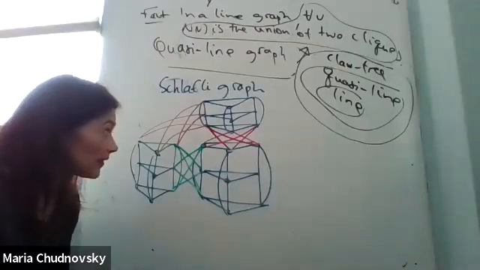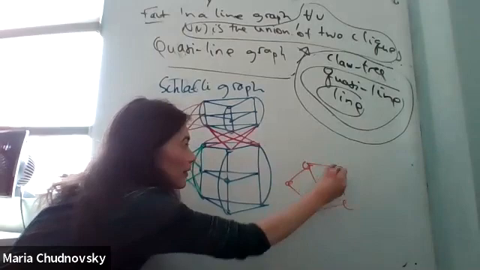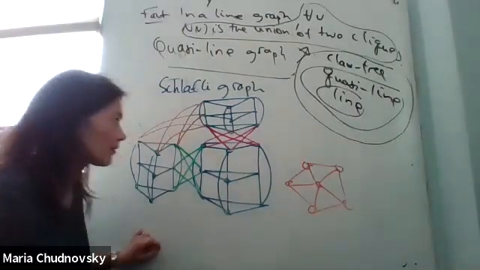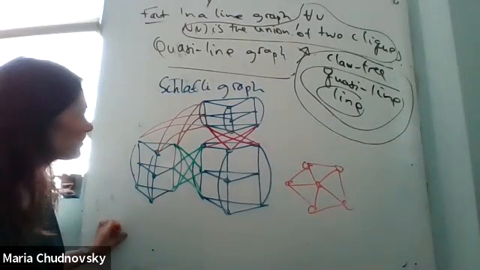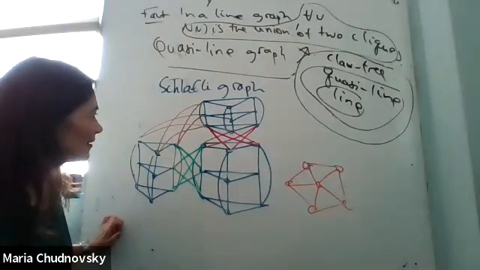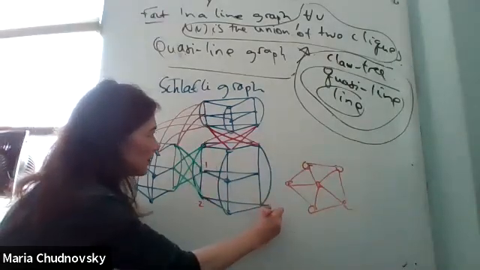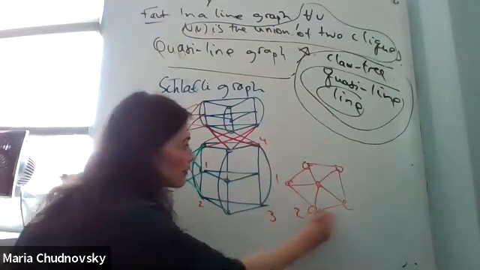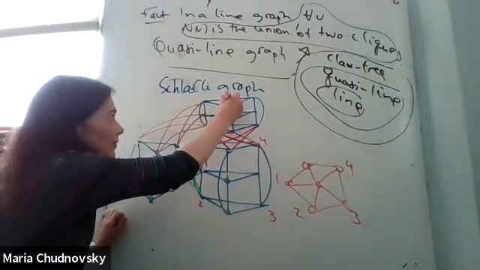And it's not a quasi-line graph because it's very easy to see it has subgraphs like this. So let's see if I can spot one quickly. So it's very easy to see, but of course, hard. Maybe if I go 1, 2, 3, 4, and then this is going to be 5.